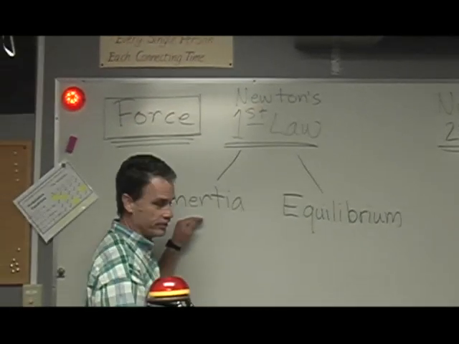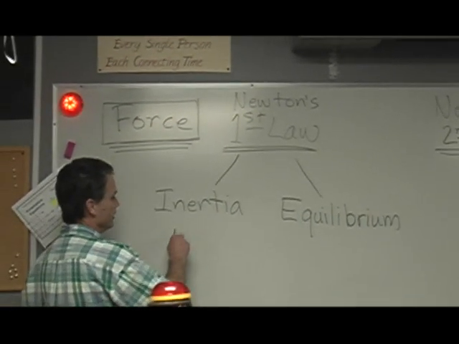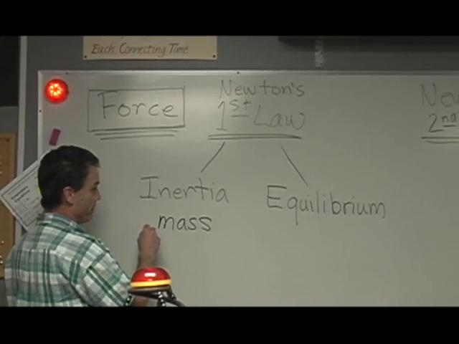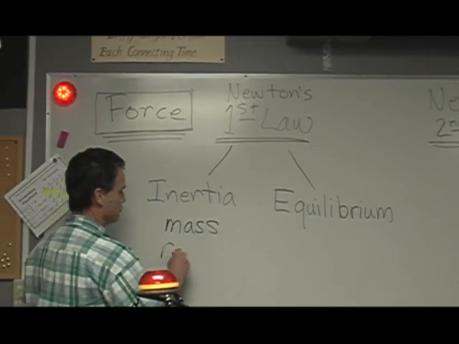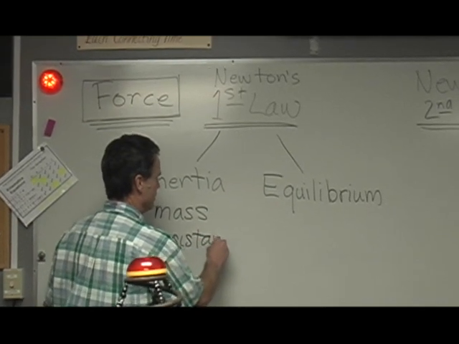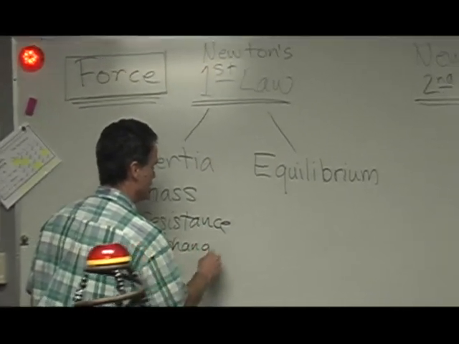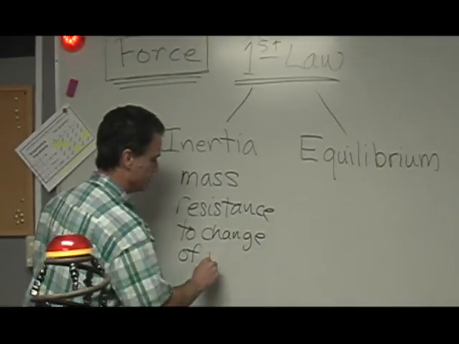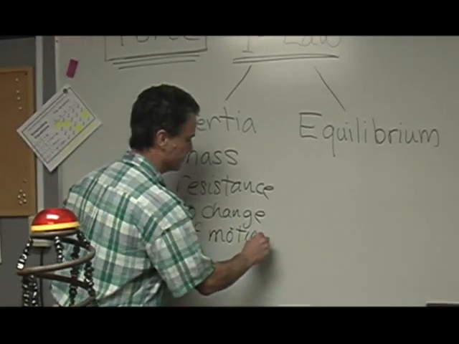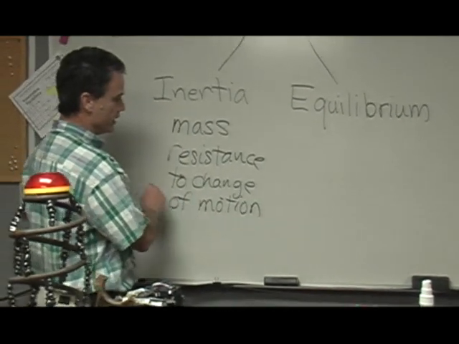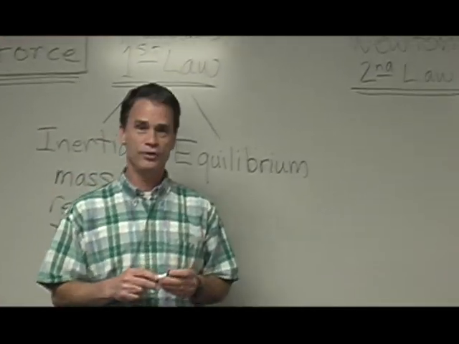The idea of inertia then is measured by mass, and it means resistance to change of motion, of rate of motion or acceleration. It's really the idea of resistance to acceleration.